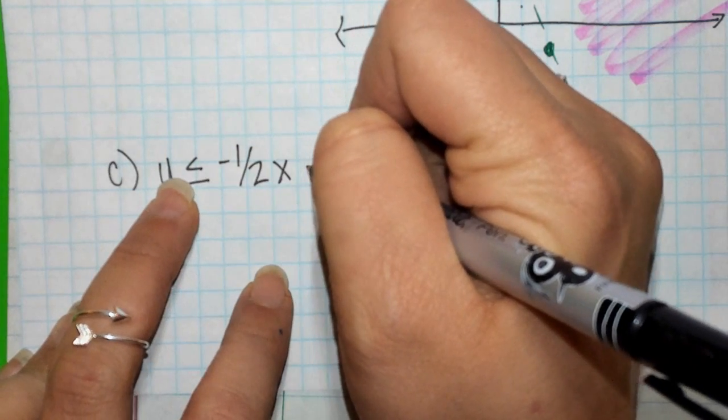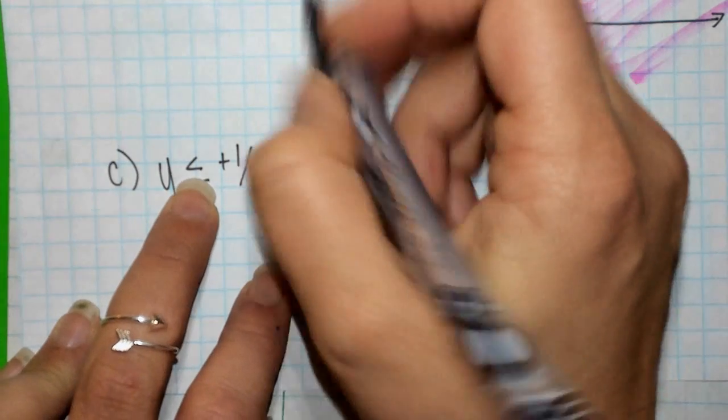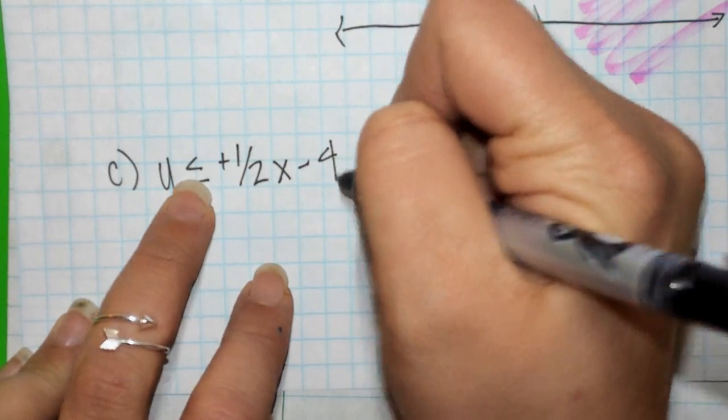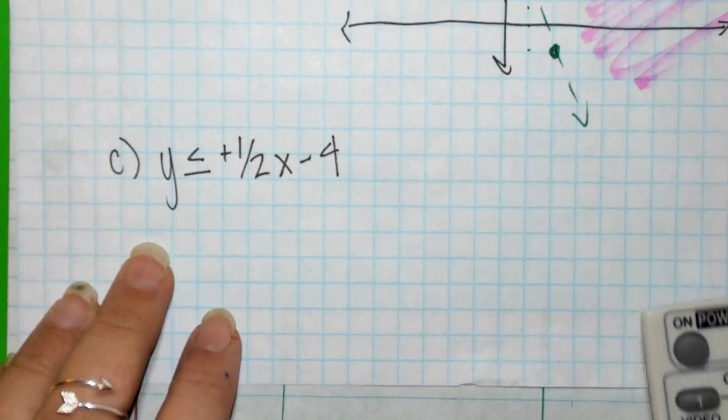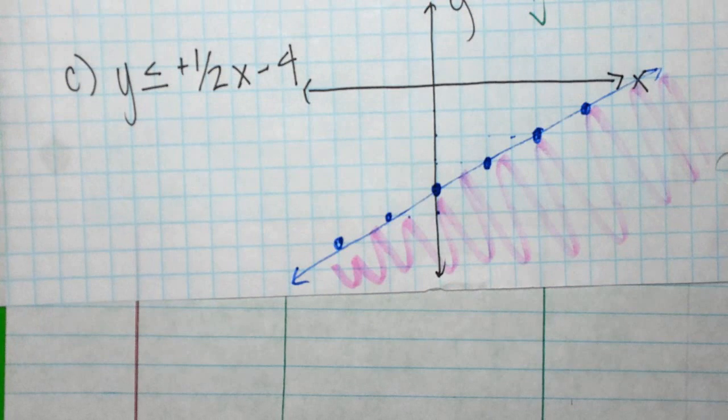We're going to make this a positive 1/2, not negative. Alright, positive 1/2 x minus 4. I'm going to pass out your exit slip while you're working on that one. Check and see if your C problem is different than my C problem, or if it's the same. If everybody got it right, give yourself points.